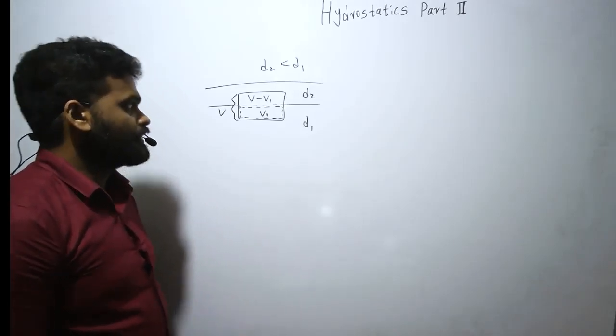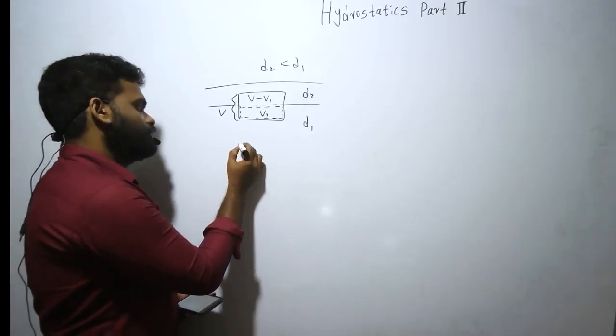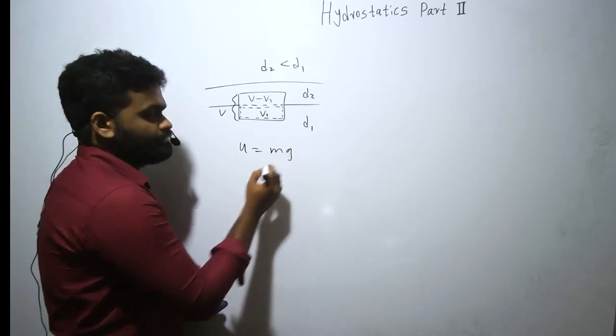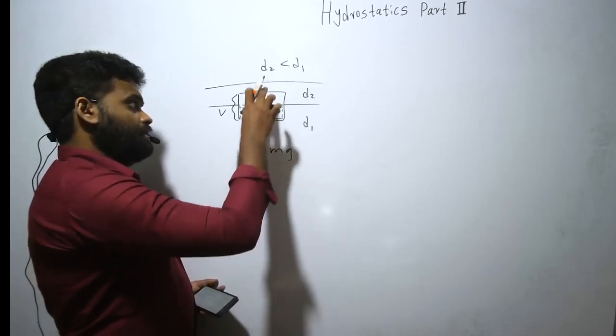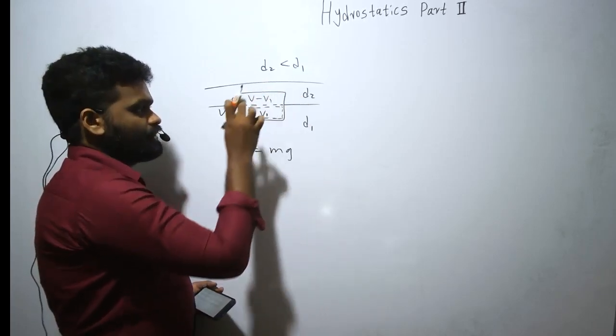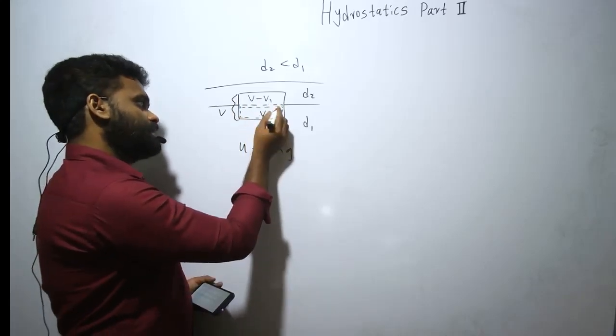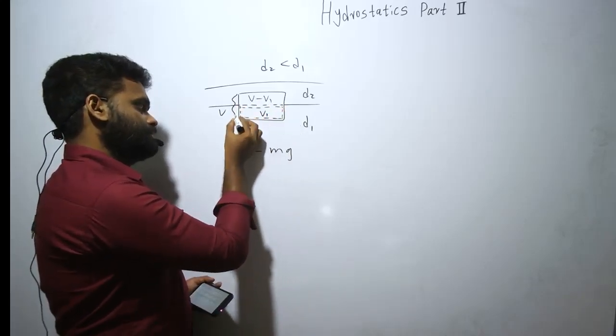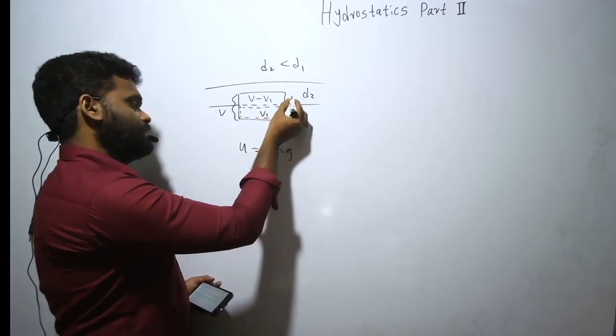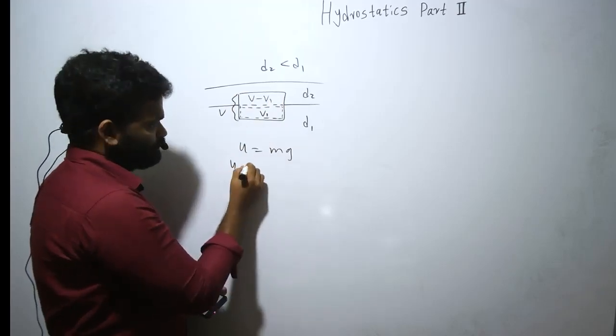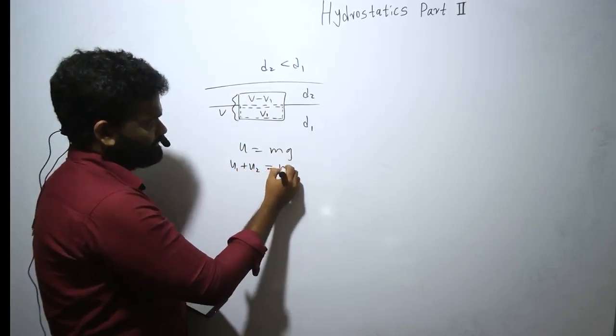So for this also it is U equals mg, right? Since there are two liquids here, you have to consider the upthrust regarding this liquid plus this liquid. So you can see U1 plus U2 equals mg.